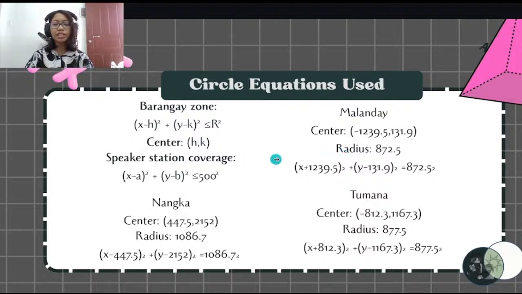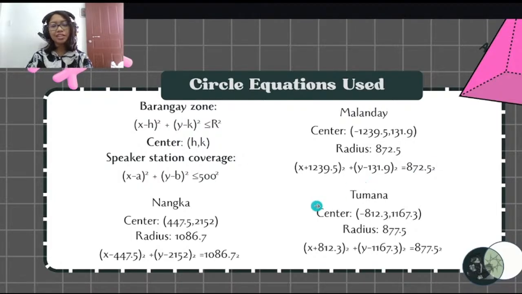We just simply substitute in the standard equation of the circle. H equals negative 1,239.5. Since it is negative, it becomes positive. K equals 131.9 and R, the radius, 872.5.